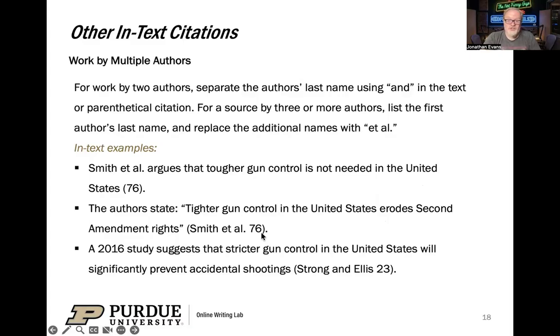Now, what we're targeting here for the audience is that there are potentially three or more authors. And rather than listing all their last names, you see that we list the last names if there are two of them. But rather than list the names of all three of them, it is in our best interest, again, not to be obtrusive, so we shrink it and we use the last name of the first author who appears. So in this case, Smith, the et al. stands in for all the other authors, however many there are.